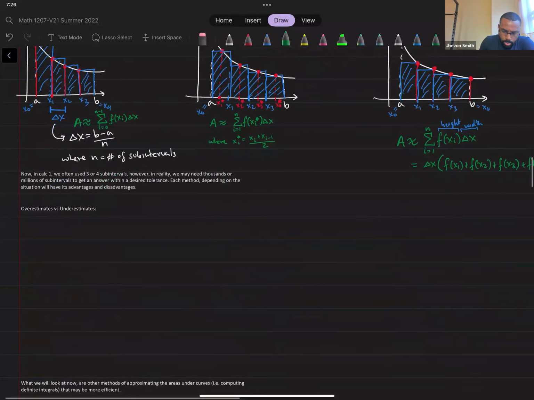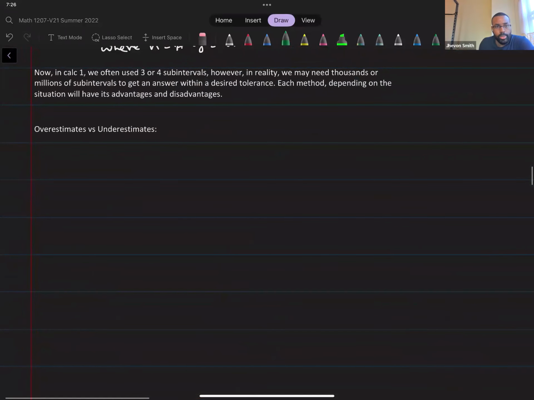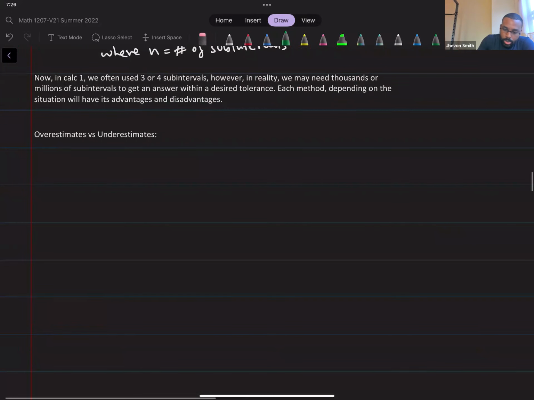So now, a question that you are often also asked is whether there's an overestimate or an underestimate, right? So for example, here, I can tell you that Ln, this was like the left-hand rule with n subintervals. This was an overestimate.